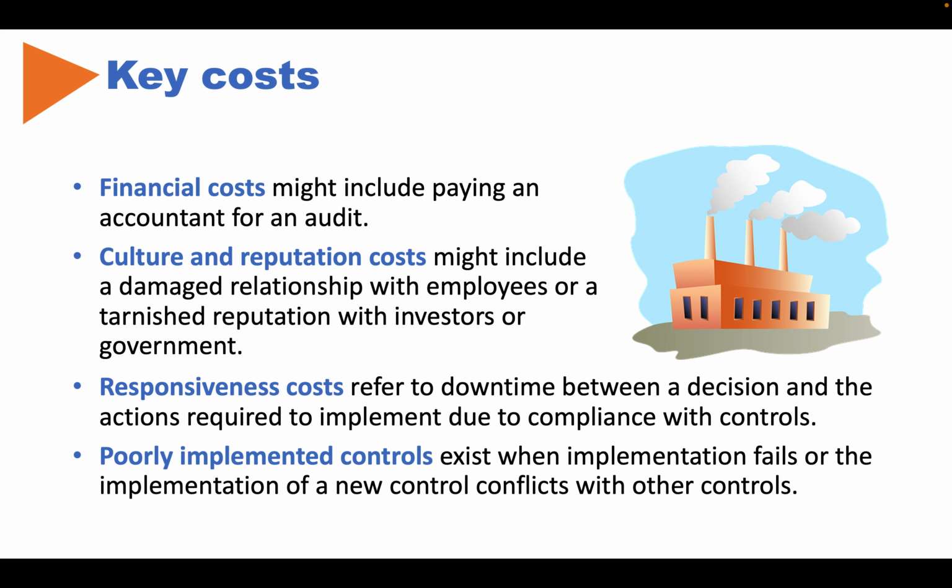And then finally, for the key costs, failed implementation, which happens when controls are poorly understood so that their existence creates significant unintended negative consequences. So for instance, the textbook talks about Hershey Foods, which is a chocolate and candy maker in the United States.